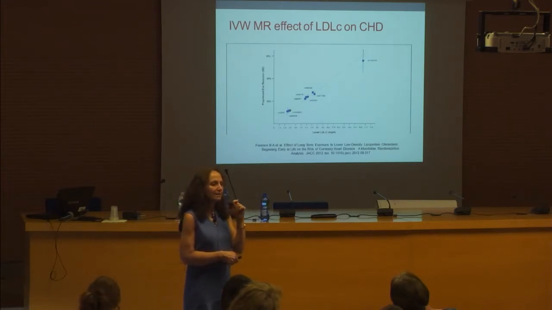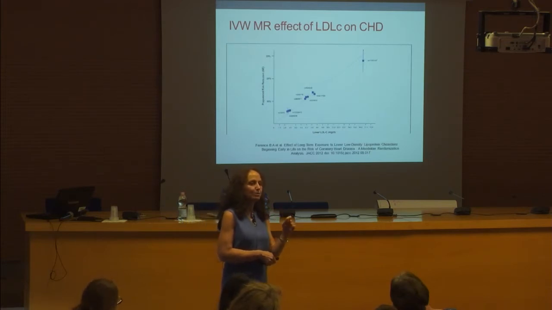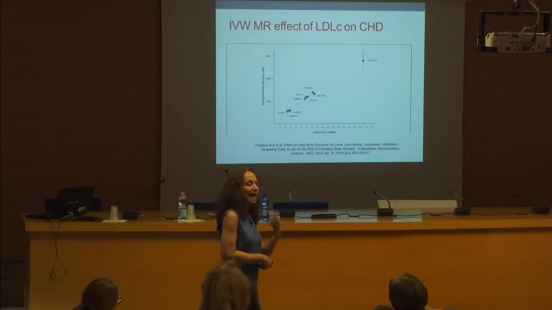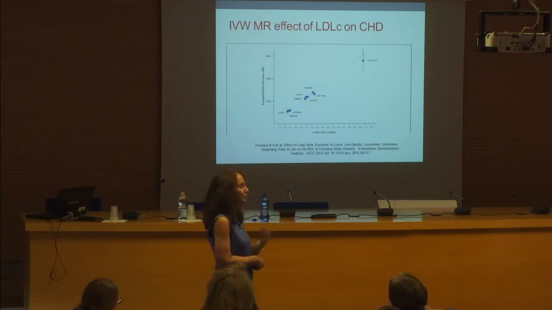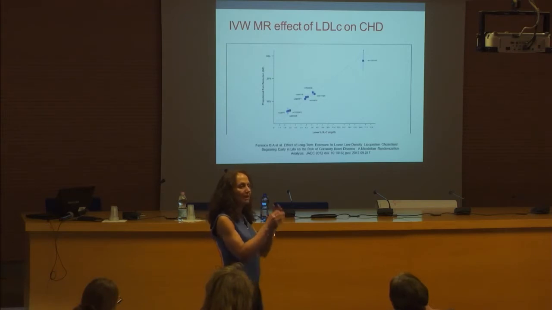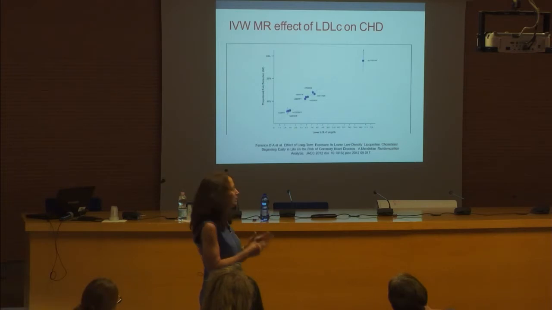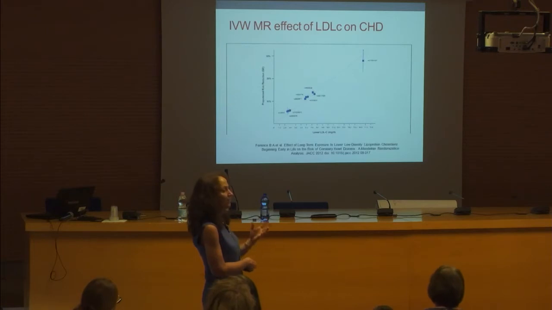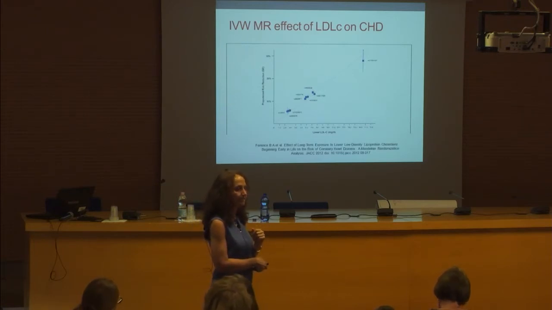So it's accepting the assumption that if you don't have genetic lowering of your low-density lipoprotein cholesterol, or if this was randomized control trials, if you weren't allocated to the intervention to reduce your low-density lipoprotein cholesterol, then there could be no effect on coronary heart disease. So it's totally accepting that there is no violation of that third assumption, which is why this can only be correct and unbiased if there is no pleiotropic effect.